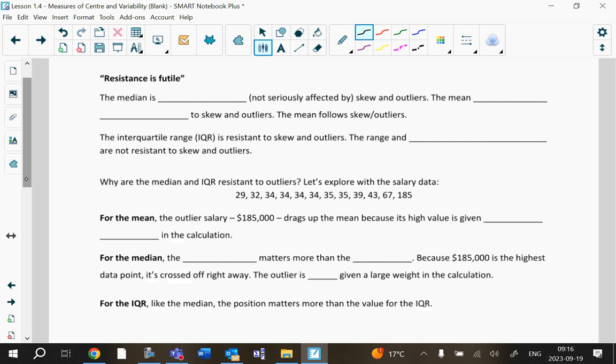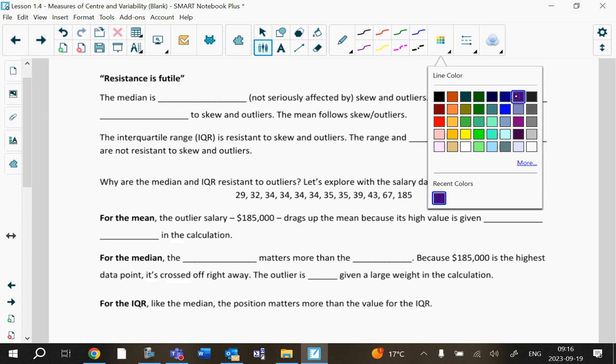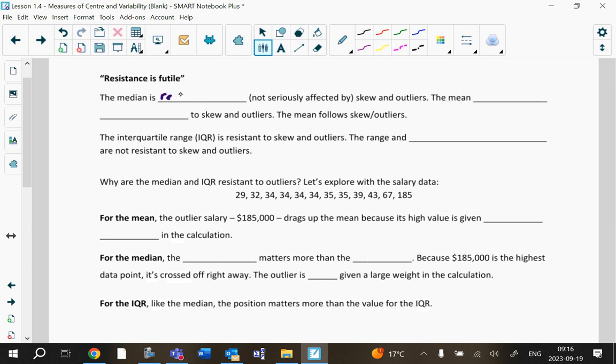The median is resistant to, or not seriously affected by, skew and outliers. What that means, skew and outliers, is extremely high values or extremely low values. Okay? The mean is not resistant.